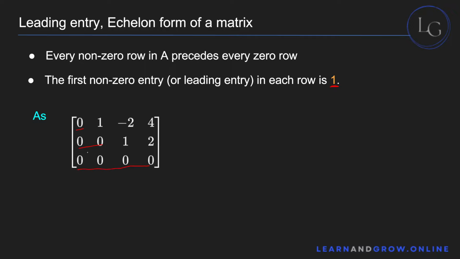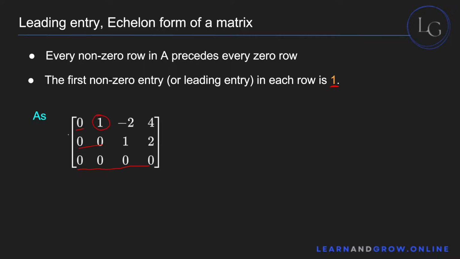So that is the first condition fulfilled. Now, every non-zero row in A precedes every zero row. The zero row is this last row here, and since it is at the end, this is the second condition fulfilled. And the last condition is that the first non-zero entry in each row is 1.